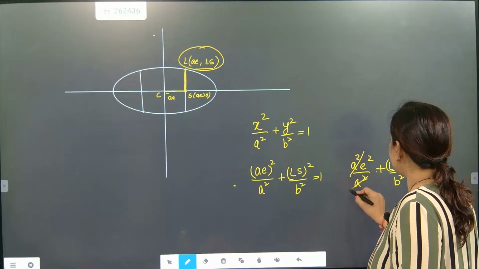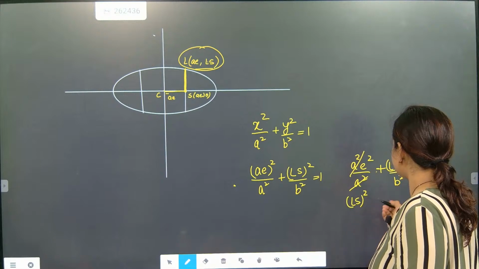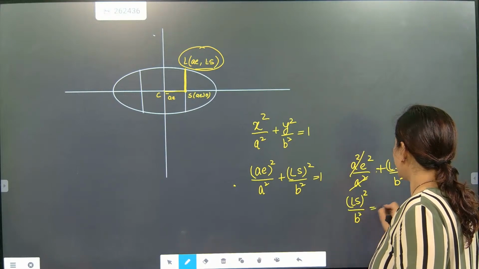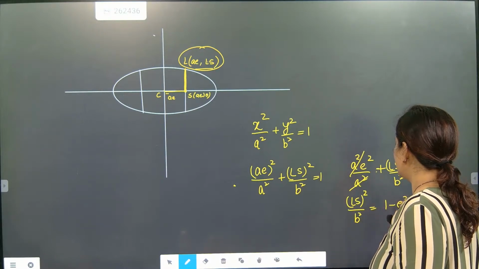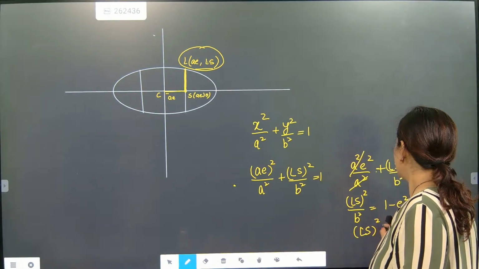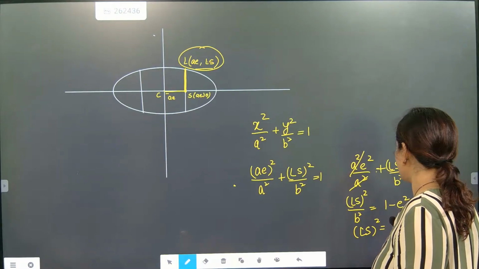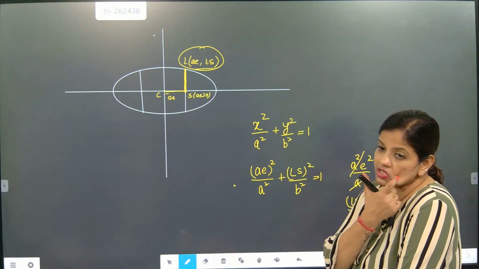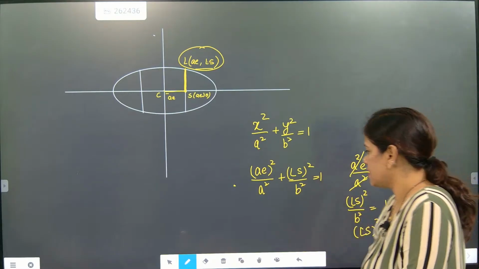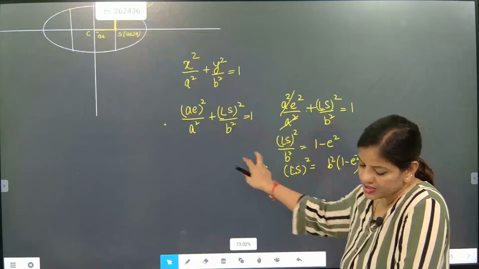So a square cancels, and LS whole square by b square is equal to 1 minus e square. So LS whole square is equal to b square times (1 minus e square). Correct?